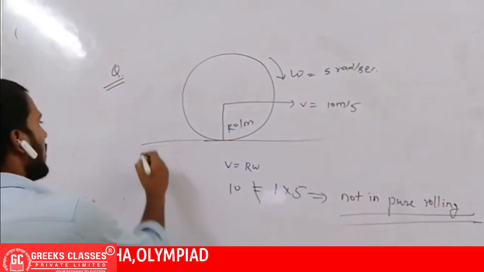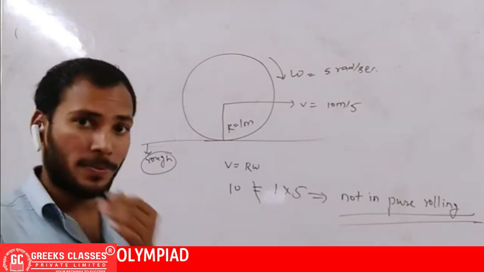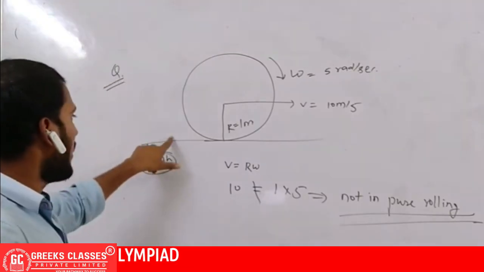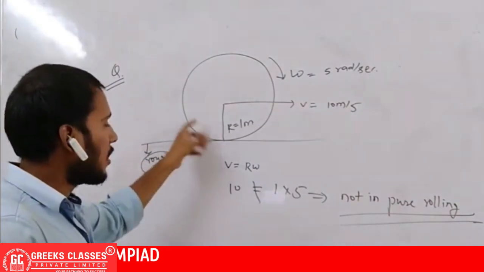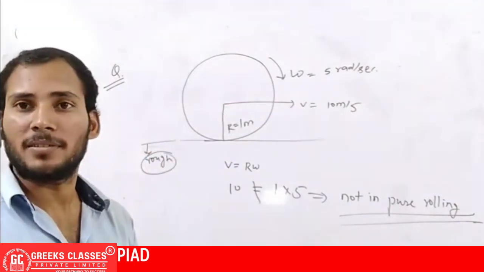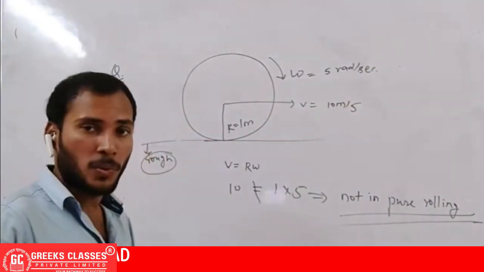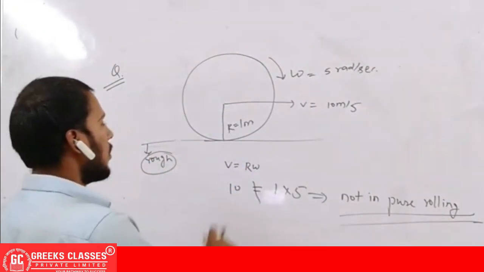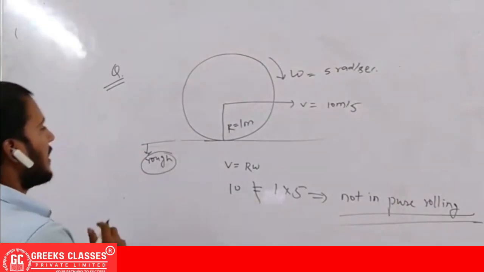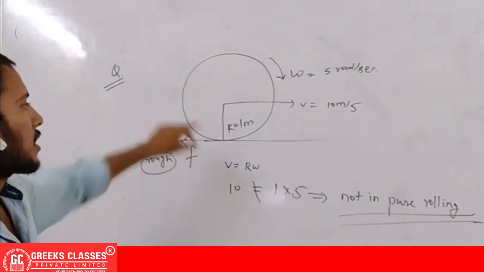Now what will happen? This surface is rough. So when there is no pure rolling, this surface would like it to perform the pure rolling. So what will this surface do? This will exert a friction. So due to applying the friction, let us assume this is the direction of friction.